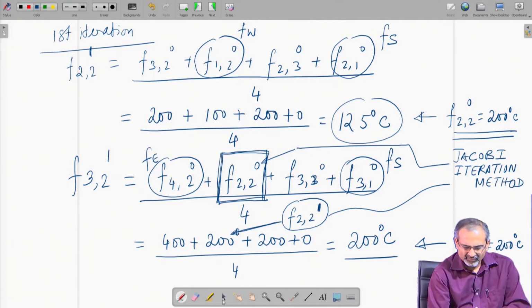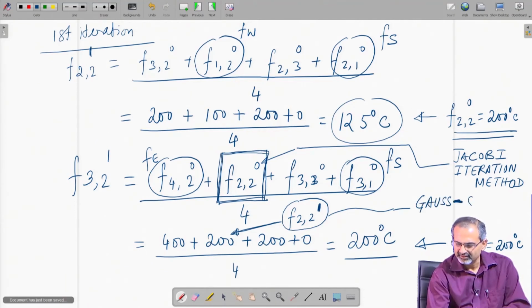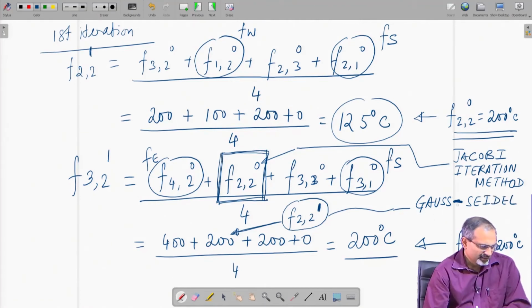While if you were to use the latest available value, then you are essentially using an iteration technique called the Gauss-Seidel iteration method.